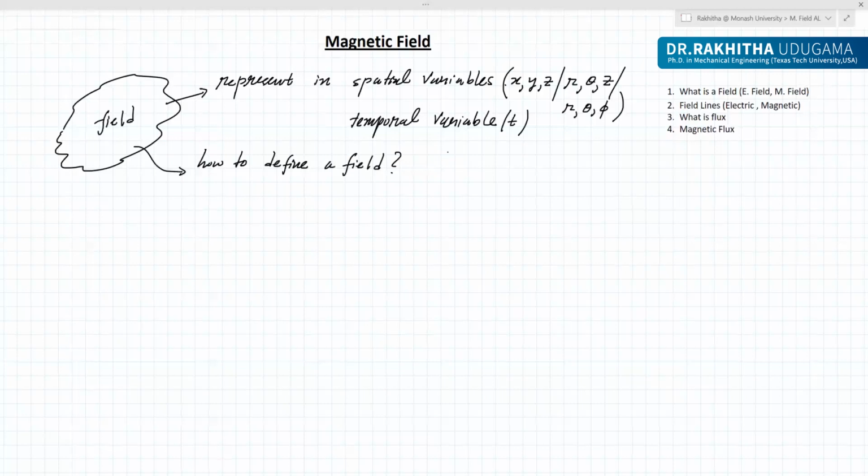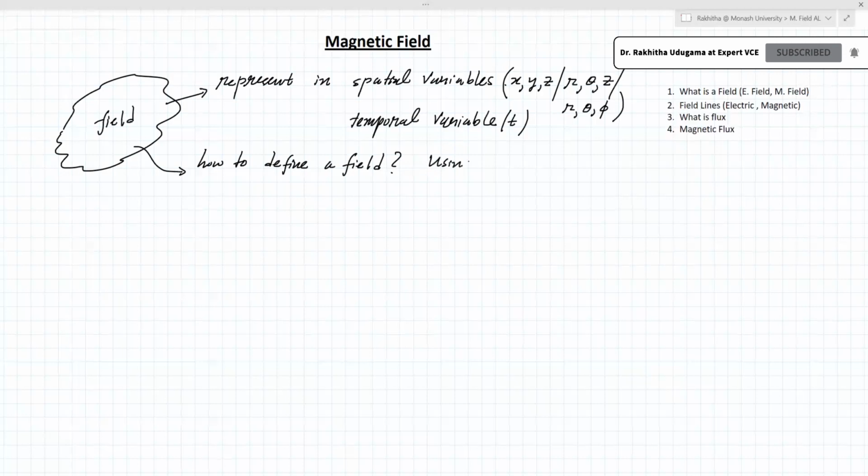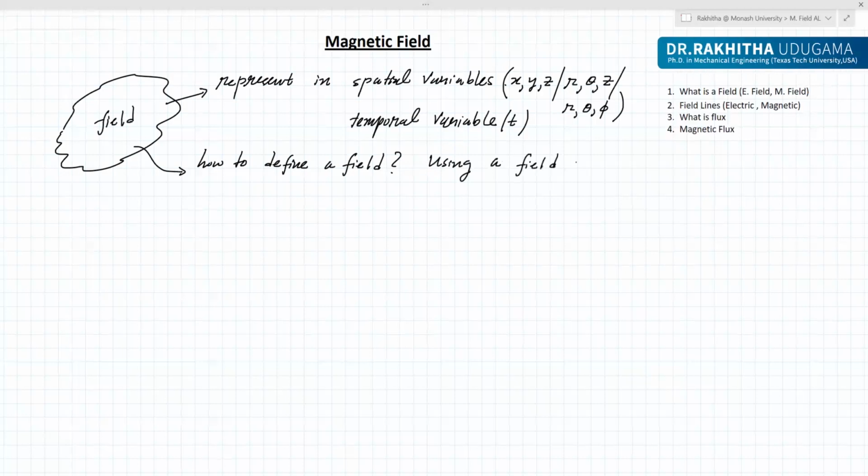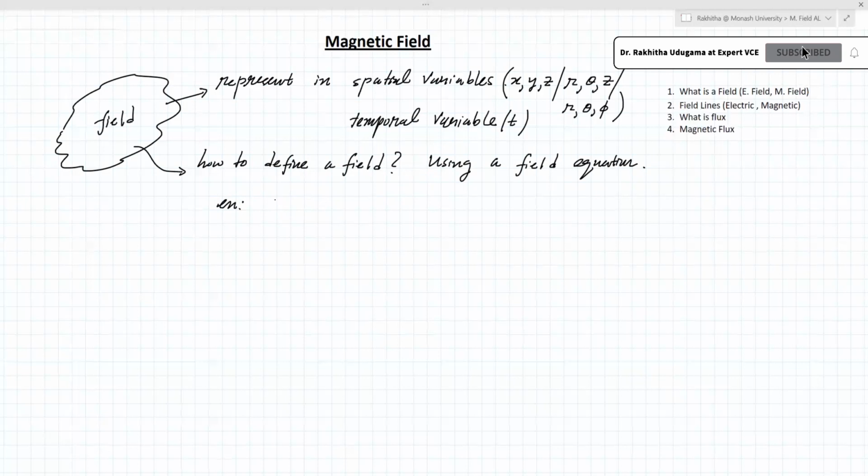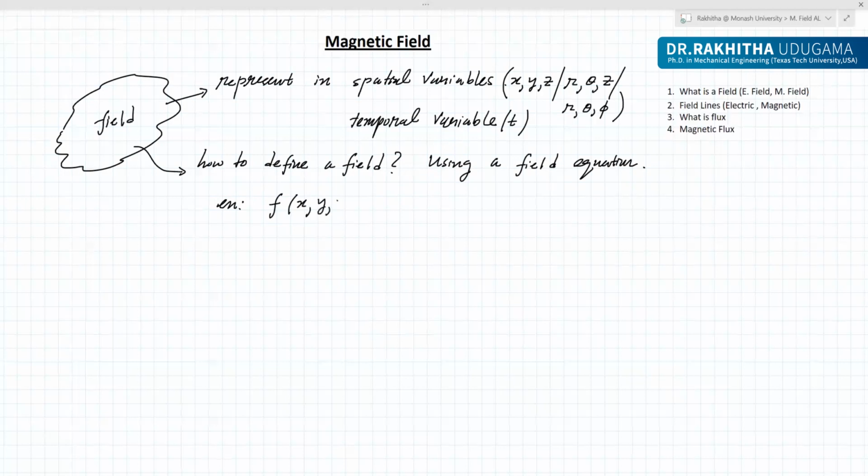So how do we define a field? We define a field using a field equation. Now, what is a field equation? For example, you can have a function of x, y and z. This is a field equation.